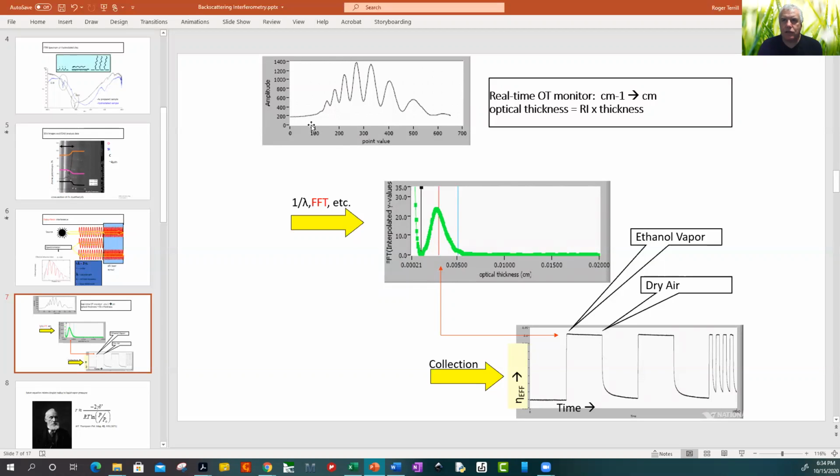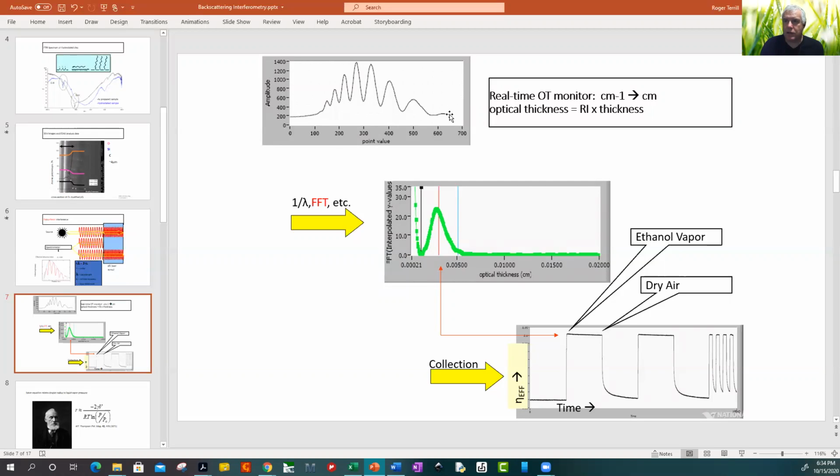But what I did was I took the data back from the spectrometer, and I had the wavelengths assigned to the points, and then I replotted it as amplitude versus wave number, which actually reverses the whole thing.